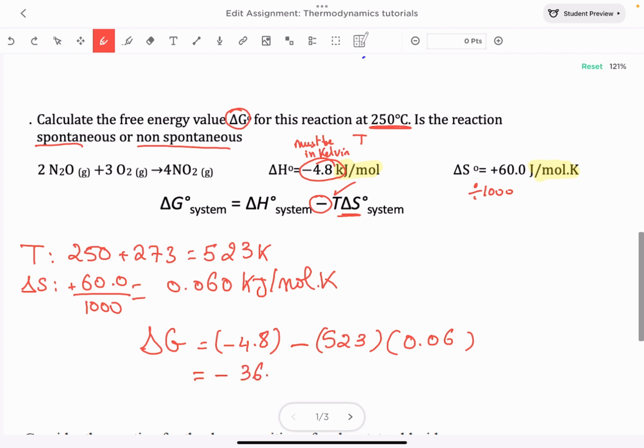Let me double check. So it is negative 36.18 and the unit is kilojoule per mole. Now, is this reaction spontaneous or not? It is spontaneous. Why? Because delta G is negative.